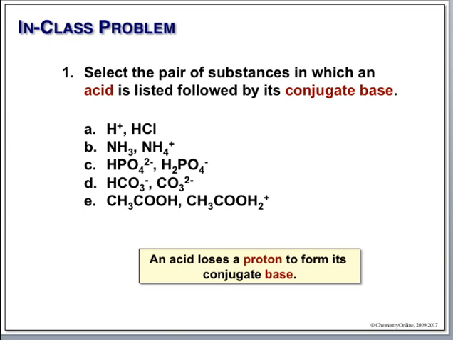H plus, HCl. Well, H plus can't lose a proton, can it? Because it is 1. If NH3 lost a proton, what would it give? NH2. So that's not right.